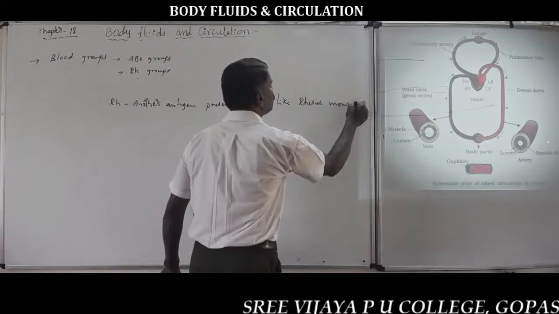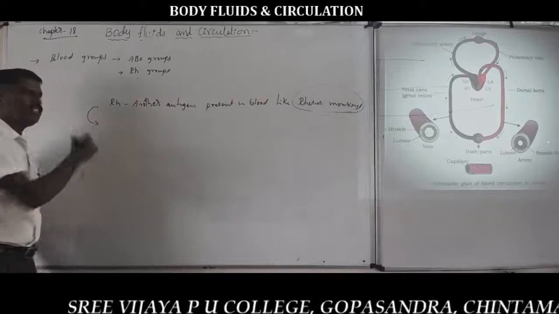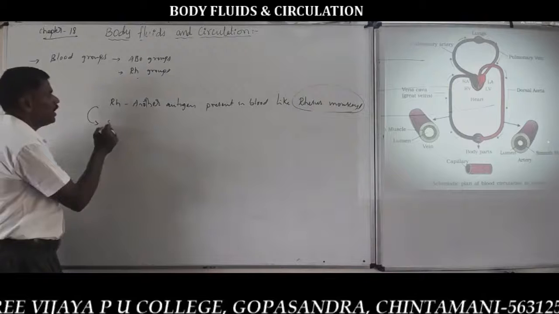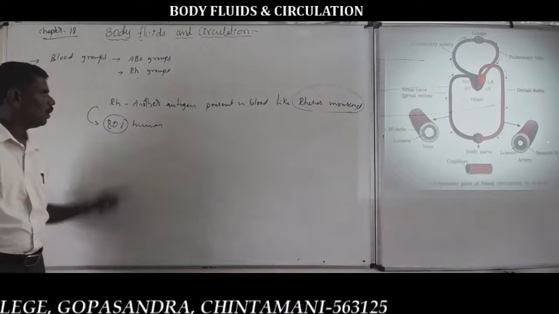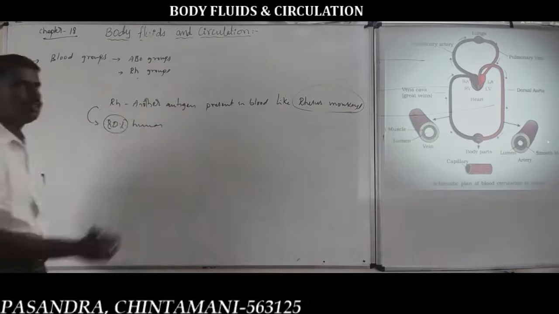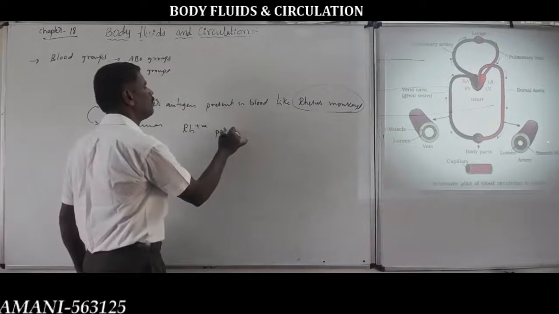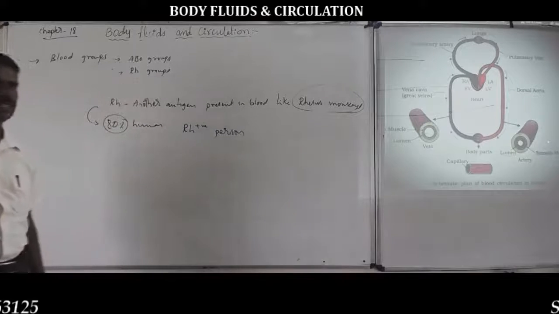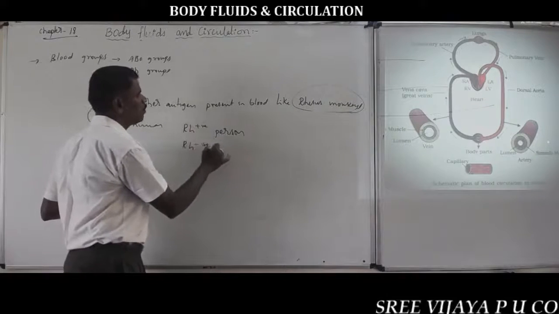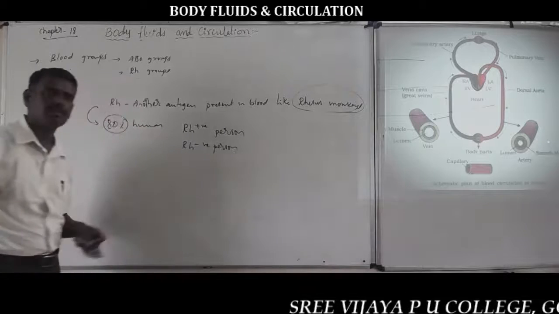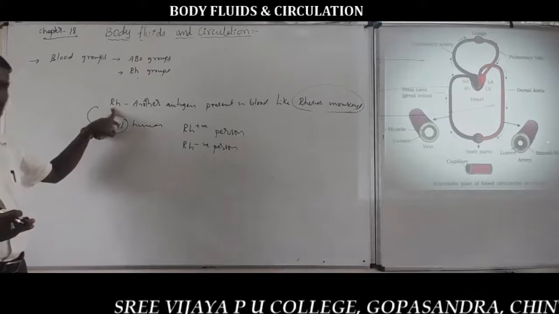Rhesus monkeys have a type of antigen that is also present in more than 80% of humans. A person who has the RH antigen is called RH positive, and a person who lacks the RH antigen is called RH negative. At the time of blood transfusion, these RH factors are also identified.